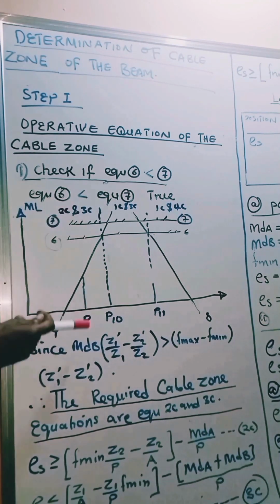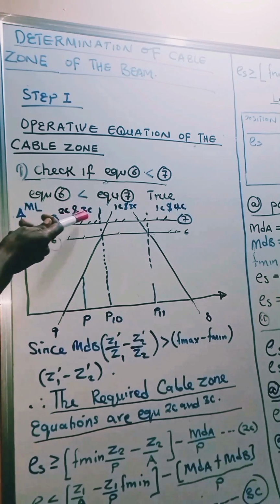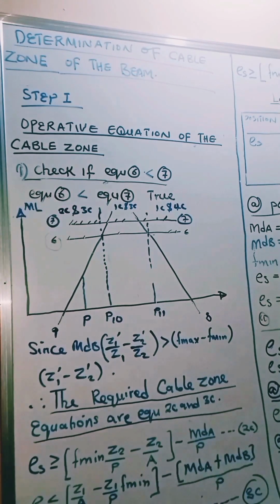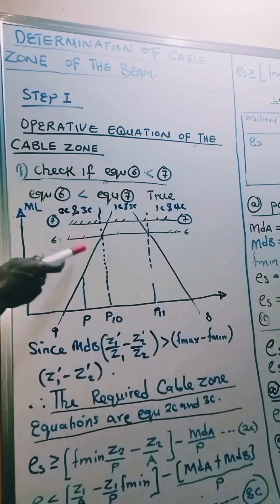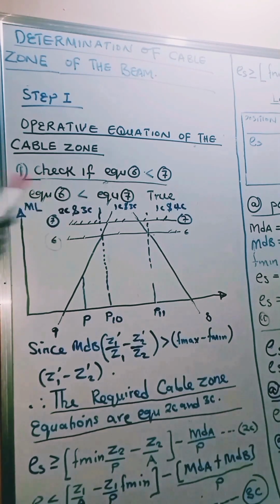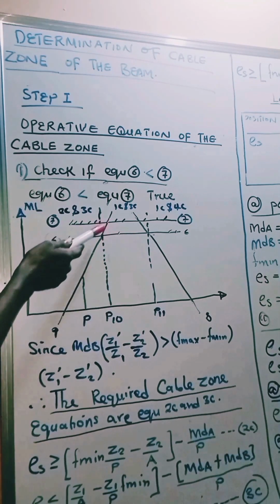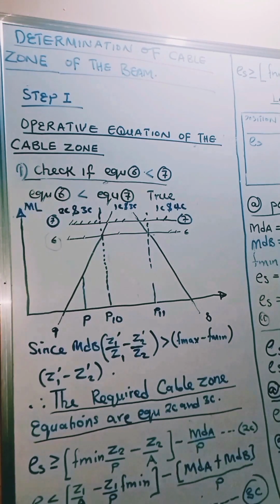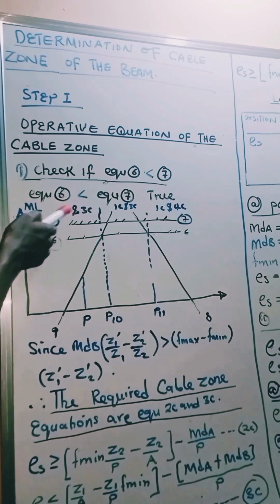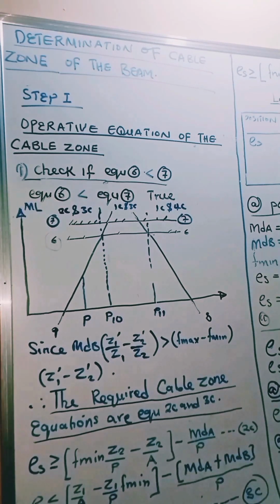Now, if we check, the operative equations of the cable zone are equation 2C and 3C. And that will only happen if equation 6 is lesser than equation 7, so that P10 intersects at this point. Since equation 6 is less than equation 7, of course, equation 10 becomes the equation, and the operative equations for the upper and lower bound limit of the cable zone become 2C and 3C respectively.